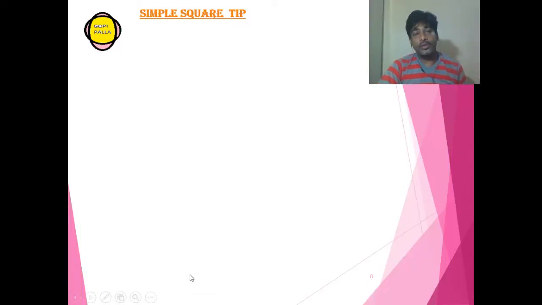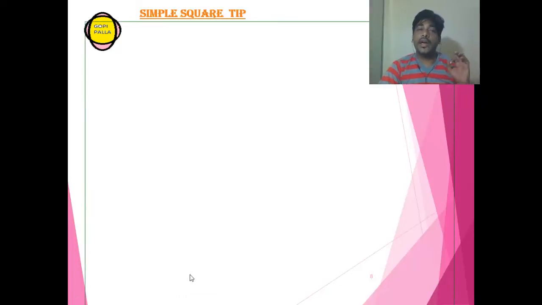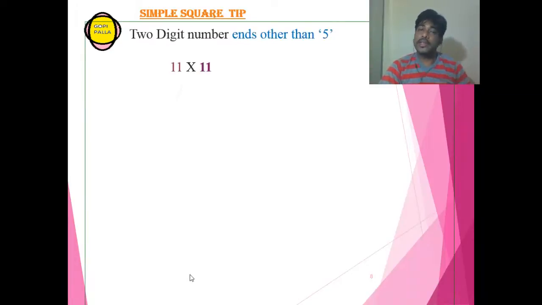Now we'll go to the tip where the number ends with something other than 5. 11 by 11, we know, is 121, but how to do this using the tip is the same as the second method I told for numbers ending with 5.